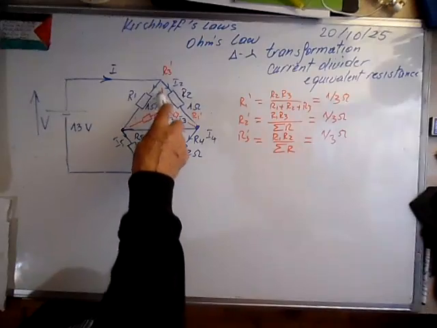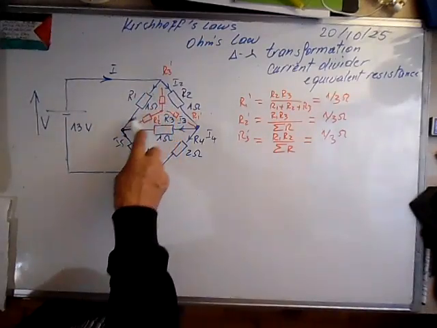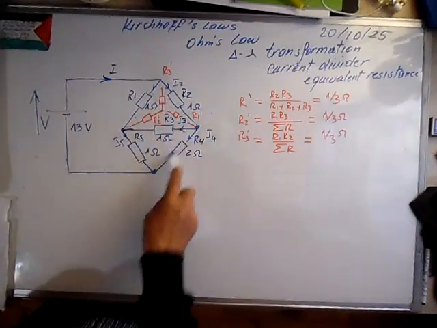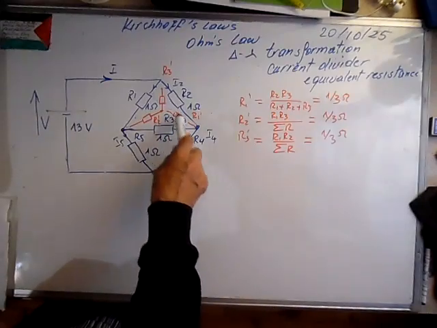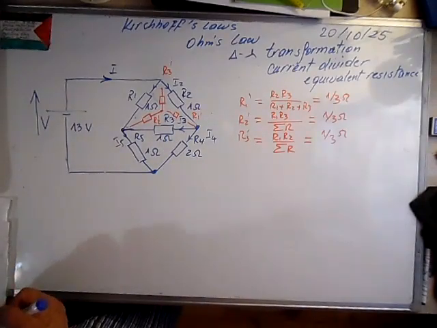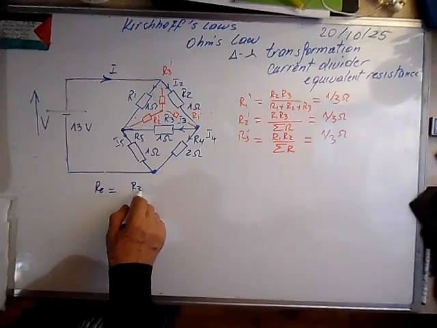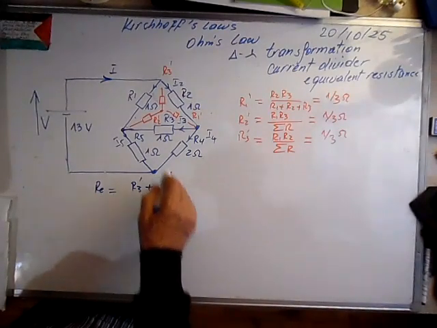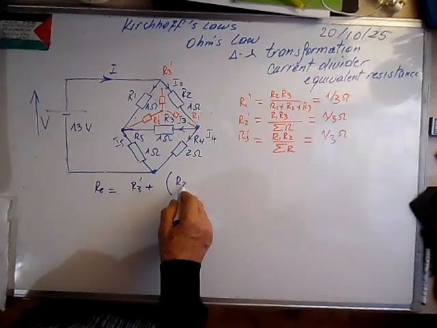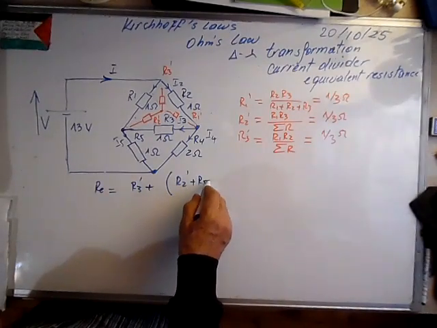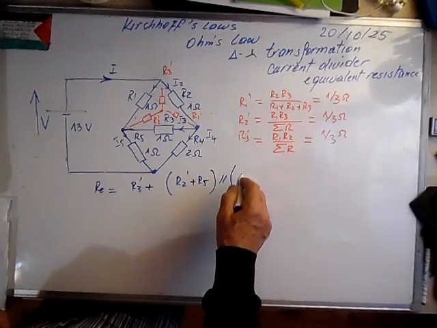Now we can calculate the equivalent resistance of the circuit because it's easier now. We have this resistor that is in series with this 4, and these two are in parallel. It means that the equivalent resistance is R3 prime plus 2 here, and these that are in parallel.